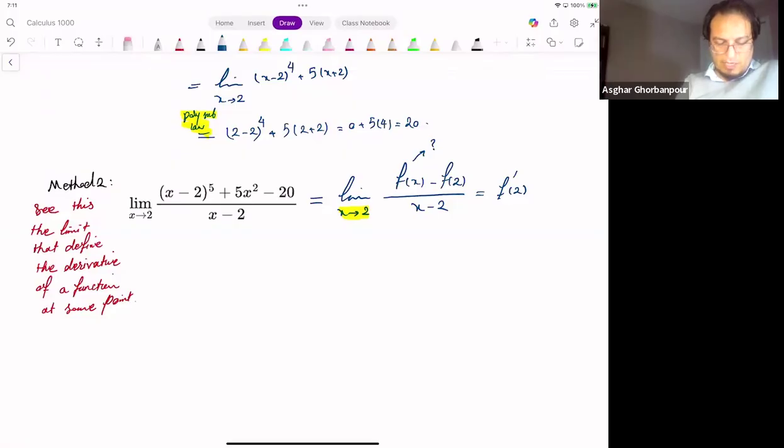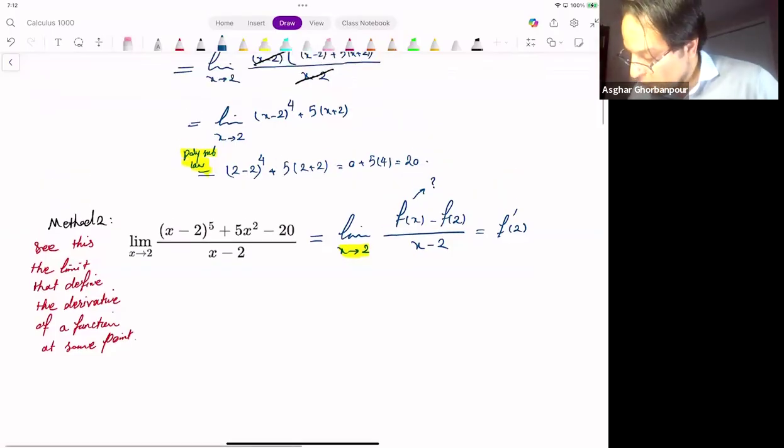Okay. Before I move on, is there any question before I show the work here? Okay, so we are looking for a function. When we plug in x, f at x minus f at 2 will be the numerator of this thing.